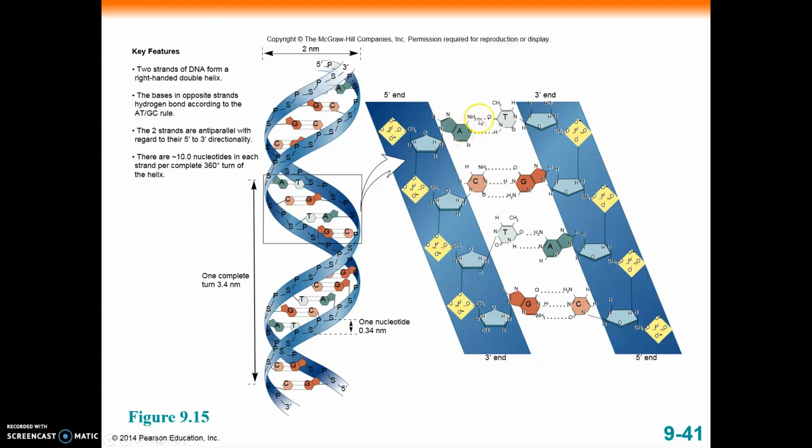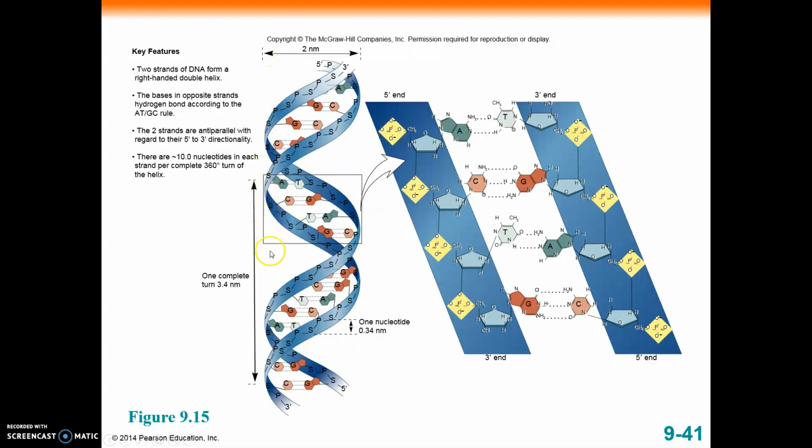Here we have an A, and it forms hydrogen bonds with this T. You can see that this amino group donates one of its hydrogens, and that links to this carbonyl oxygen. Over here, this hydrogen from this nitrogen can hydrogen bond with the lone electron pair left on this nitrogen. So A's and T's have 2 hydrogen bonds, C's and G's have 3. So consequently, C's and G's are slightly stronger than A's and T's.